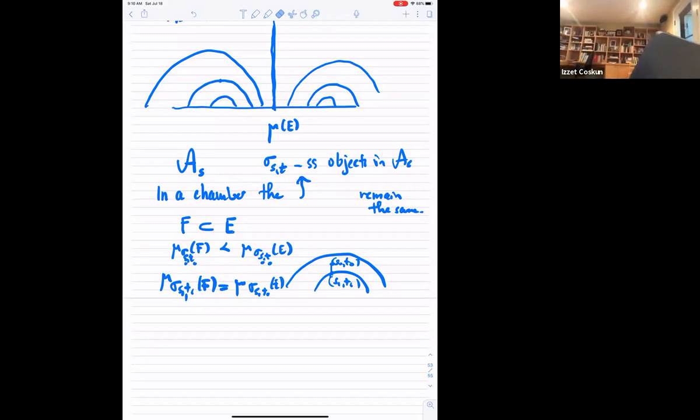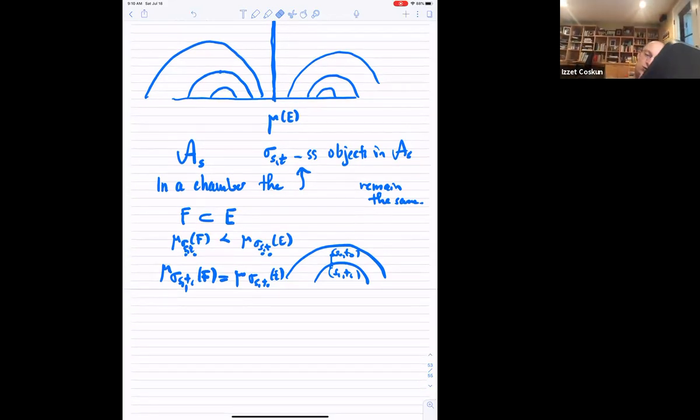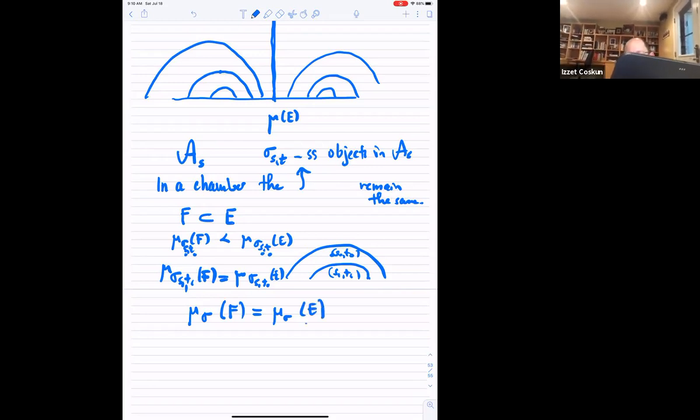Okay, so in order to find the walls where these kinds of things happen, what you need to do is equate mu_sigma of F with mu_sigma of E. You write down that E has rank R, first Chern class C, second Chern class D, Chern characters.